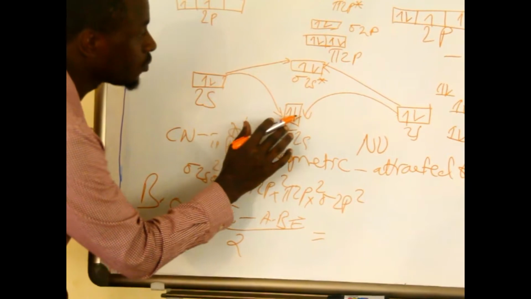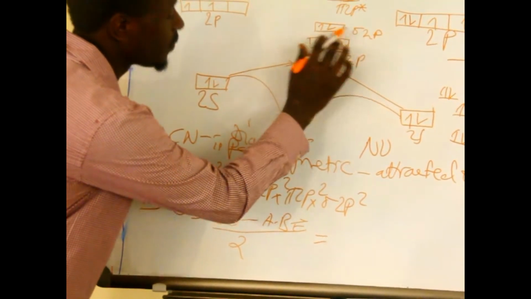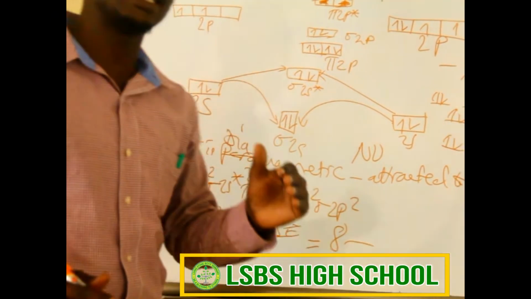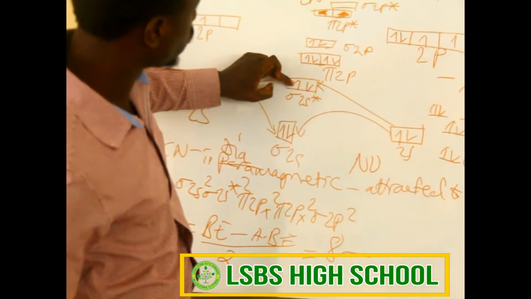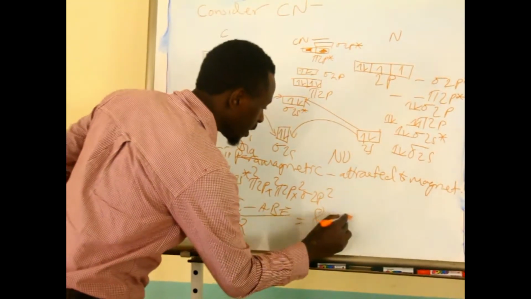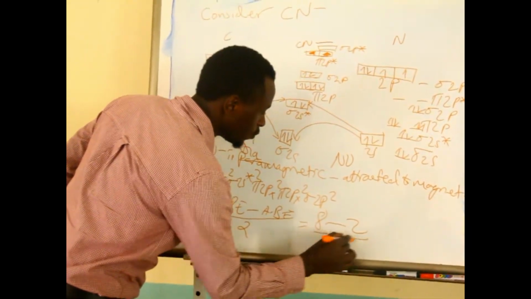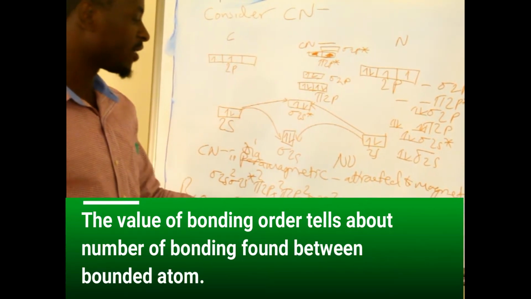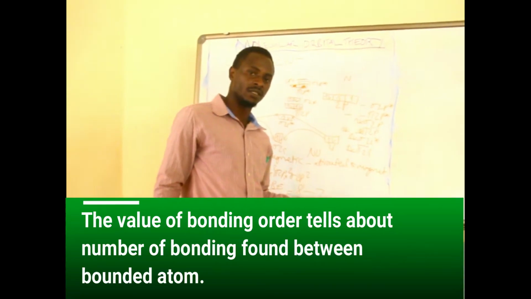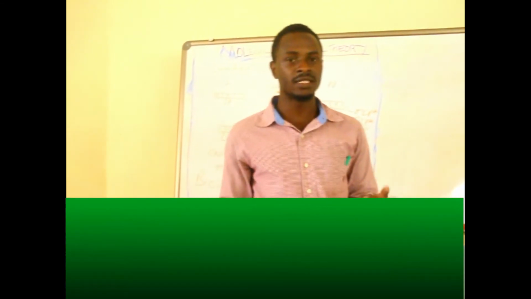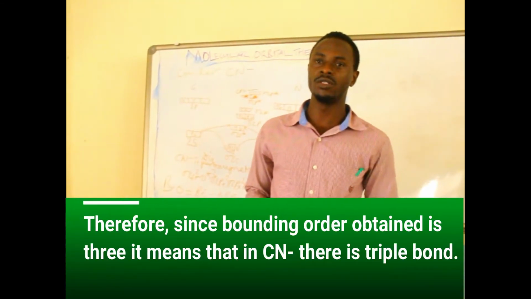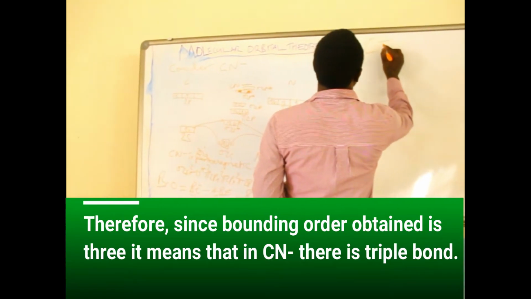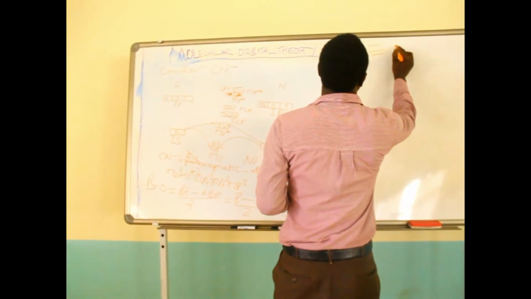So electrons are 1, 2, 3, 4, 5, 6, 7, 8. We have 8 electrons minus the electrons at the higher energy level, this one only, so we minus 2, divided by 2, the answer is 3. If the bond order is 3, this means that there is a triple bond between carbon and nitrogen. So the structure will be this way.